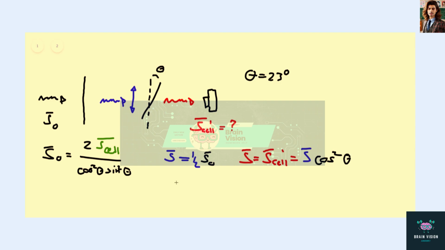Plugging everything in, S bar is equal to 1/2 times S bar 0 times cosine squared theta, which is 1/2 times cos squared theta times 2 S bar cell over cos squared theta sine squared theta.